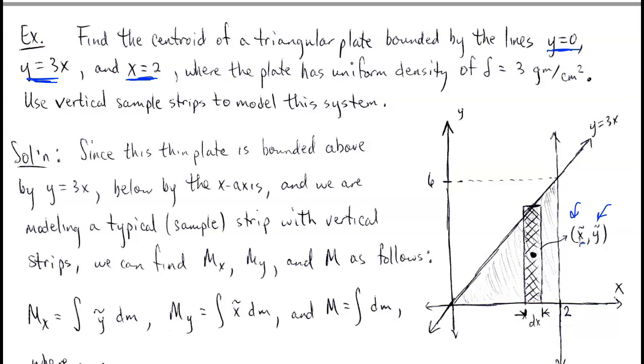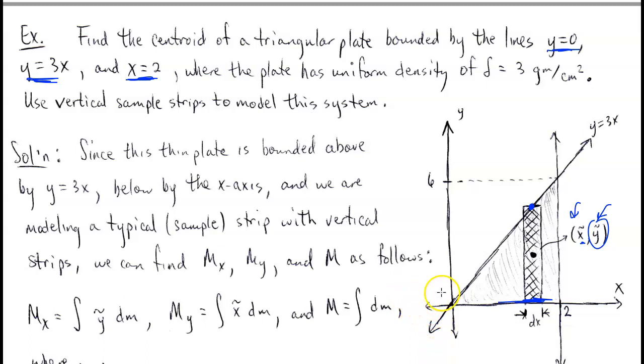That's going to be real simple. The y coordinate for the centroid of this sample is going to be halfway up the actual height of the function here, so it's just going to be half of 3x. And we say that because everything is with respect to the x-axis here.